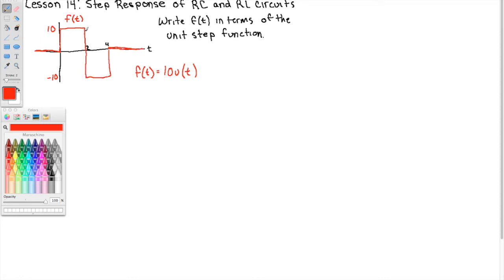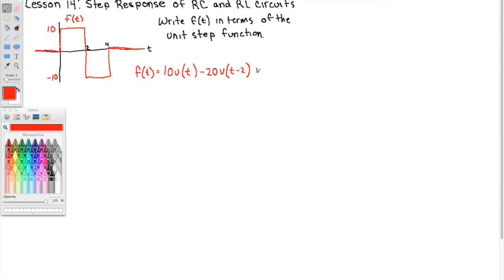So that's a jump of, in total, 20. And it's a jump downward. So I'm going to subtract 20 times the unit step shifted by 2 units. So now I stay at that level until 4 units of time, when I jump positively by 10 to get back to 0.